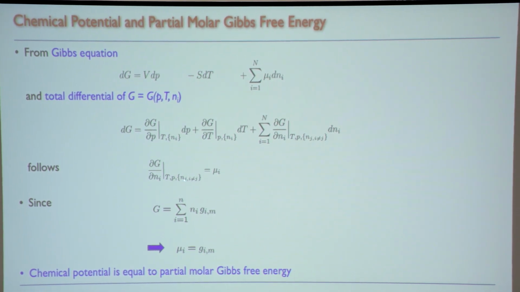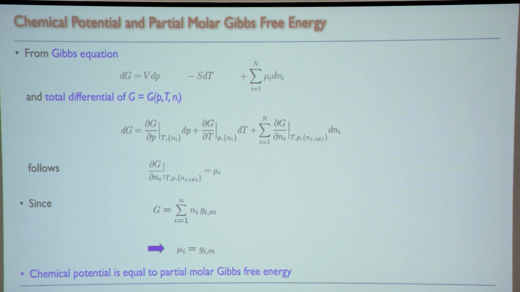So you see, I can evaluate this partial derivative in a trivial way, because dG/dn_i is just equal to g_i, and that has to be equal to mu_i. So the chemical potential is nothing else than the partial molar Gibbs free energy, okay?